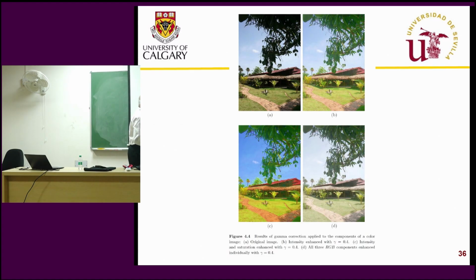See intensity and saturation enhanced with gamma equal to 0.4. Green is green, okay, but that color is different. The grass, I don't think you have grass in fluorescent green like that. So that is unnatural color. All the three RGB components enhanced individually with gamma equal to 0.4, not bad. You can see some of the details inside this restaurant that you cannot see there.